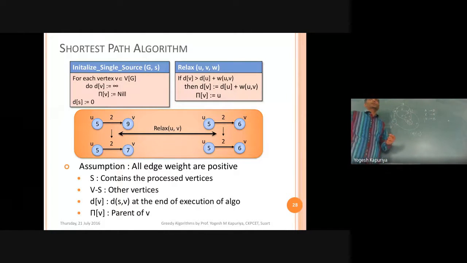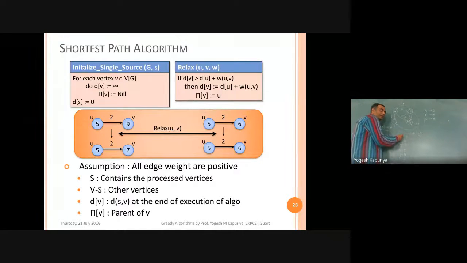And the fourth version is all pair shortest path. That means for all the permutations, if this is an undirected graph, or if it's a directed graph, then you have a direction.